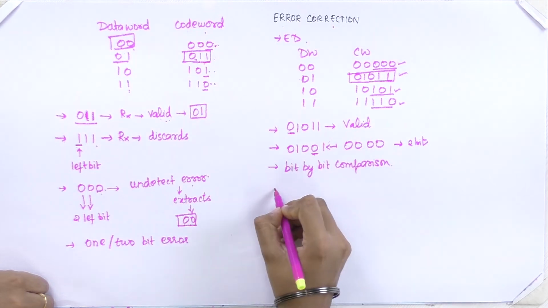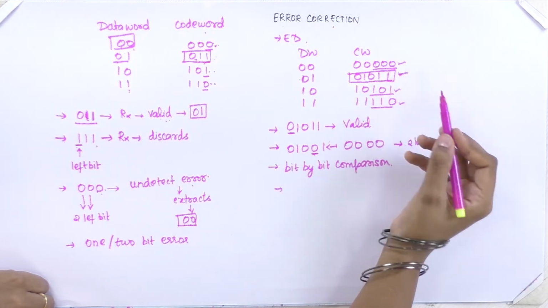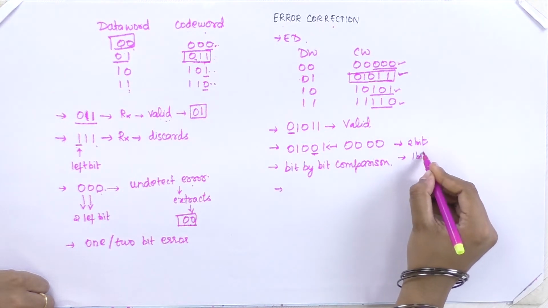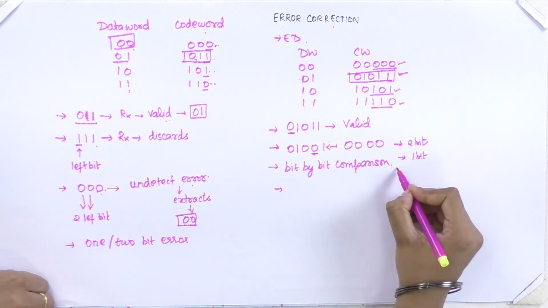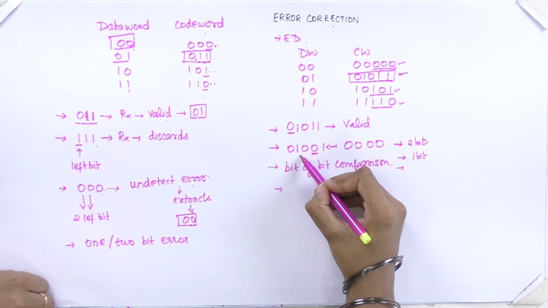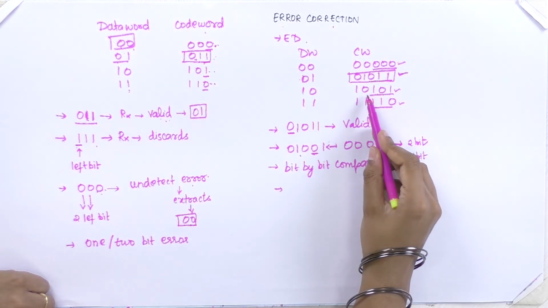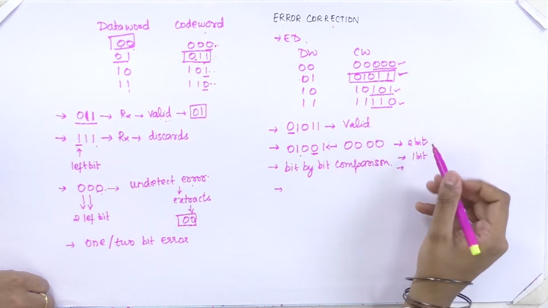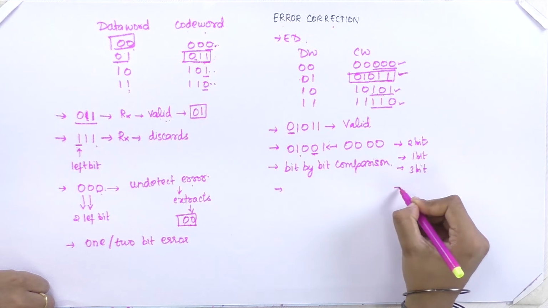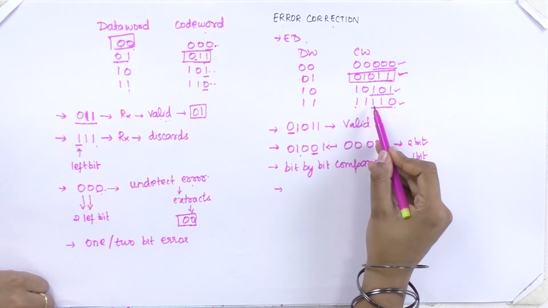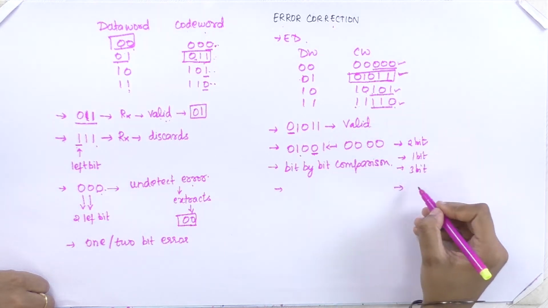Next, comparing with my second one, it gives a 1-bit difference. Next, comparing the corrupted word with the next code word, this gives 1, 2, 3 bits. Next, comparing with this one, it gives 1, 2, 3 and 4 bits.